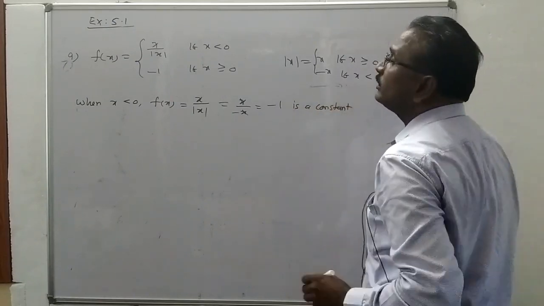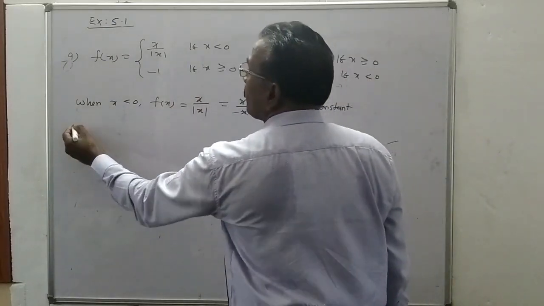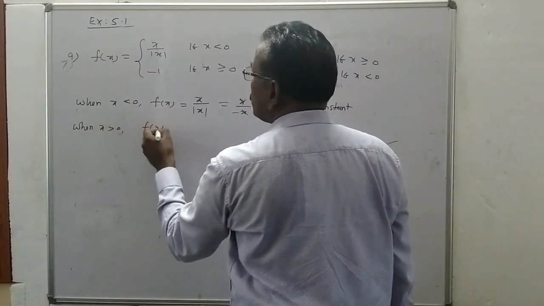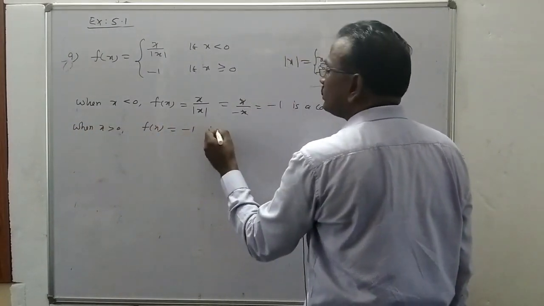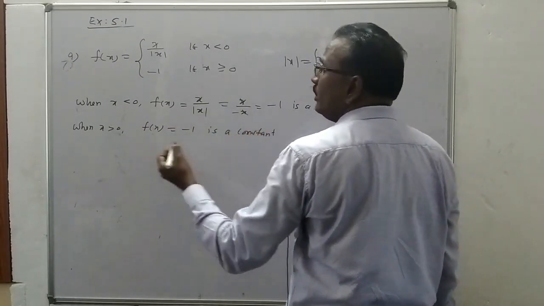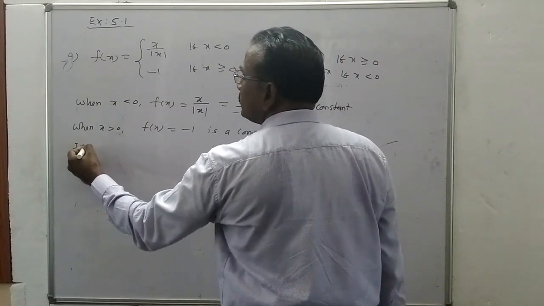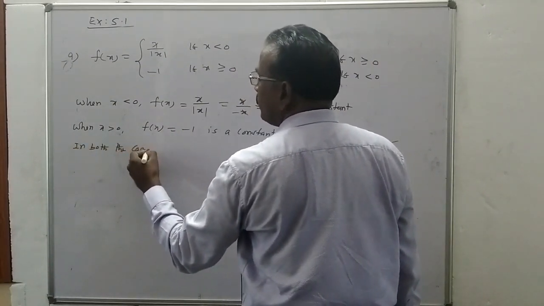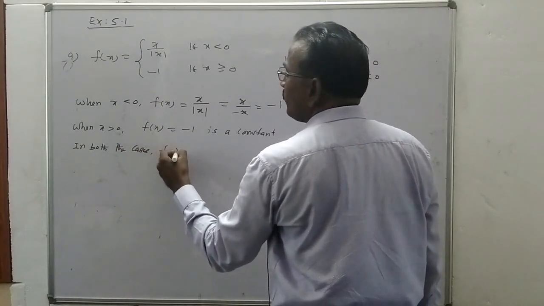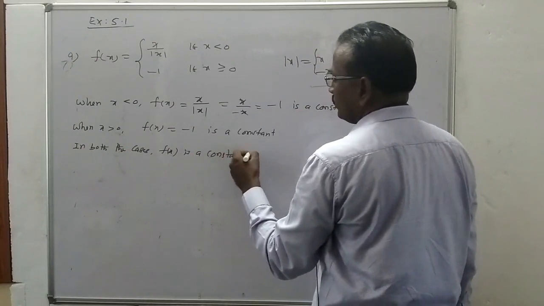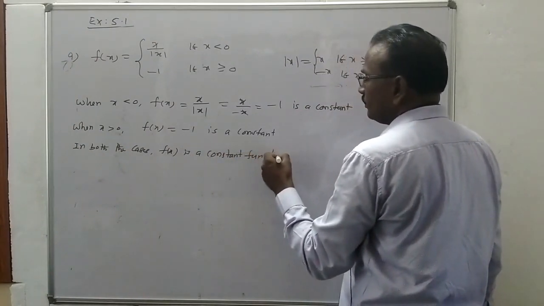Next, when x is greater than 0, f of x is equal to minus 1, which is also a constant. In both the cases, f of x is a constant function.